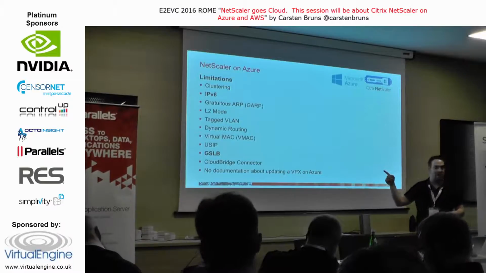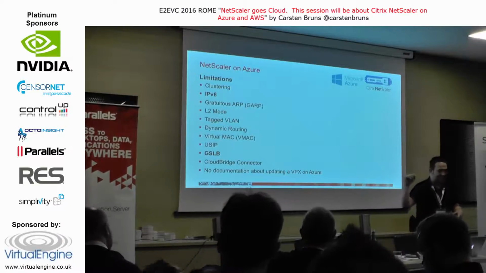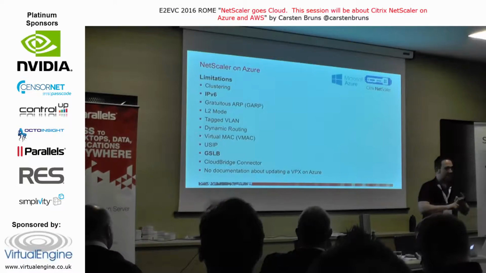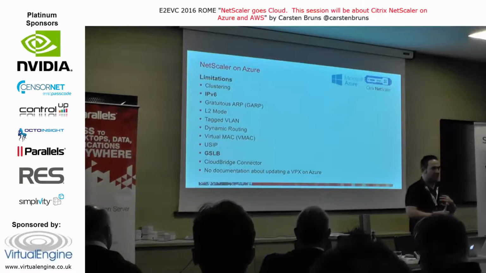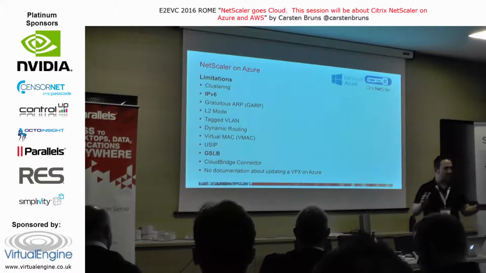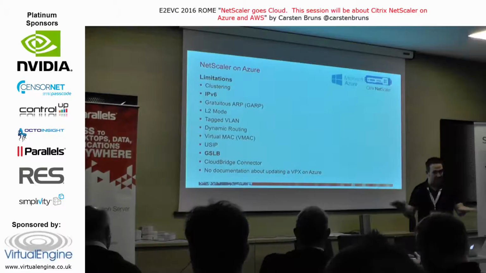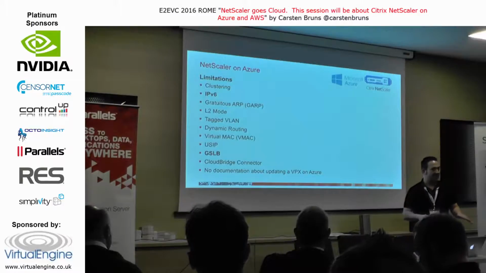Yes, there are a lot. As you can see, we have no clustering. We have no IP version 6. We have no layer 2 modes. So everything on layer 2 doesn't work, because Azure will give you a service up from level 3.